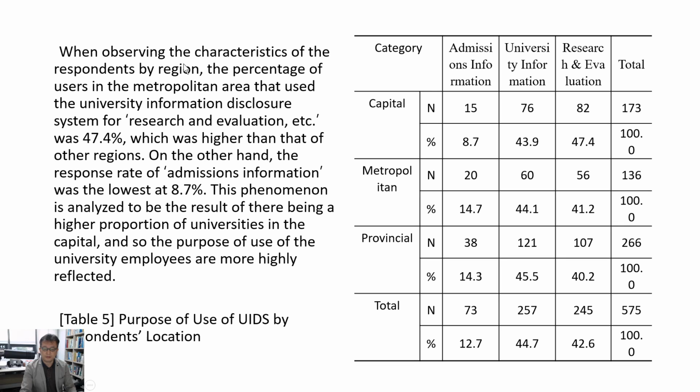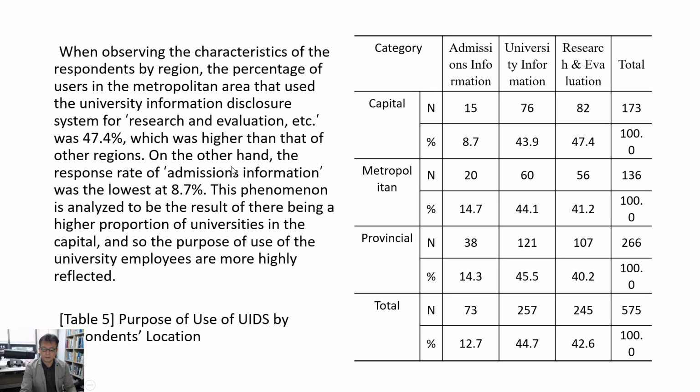When observing the characteristics of the respondents by region, the percentage of users in the metropolitan area that used the University Information Disclosure System for research and evaluation was 47.4%, which was higher than that of the other regions.